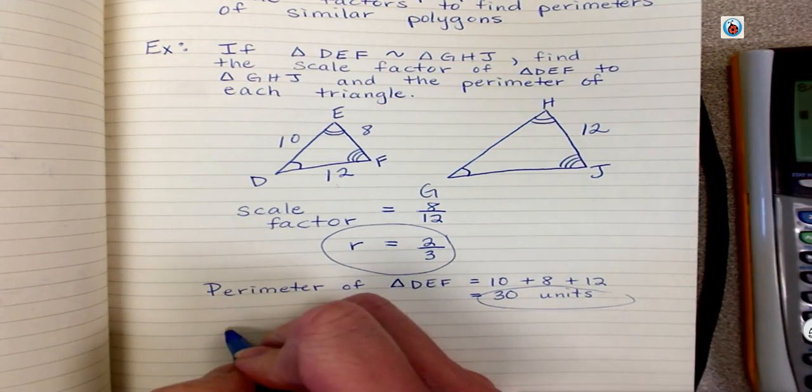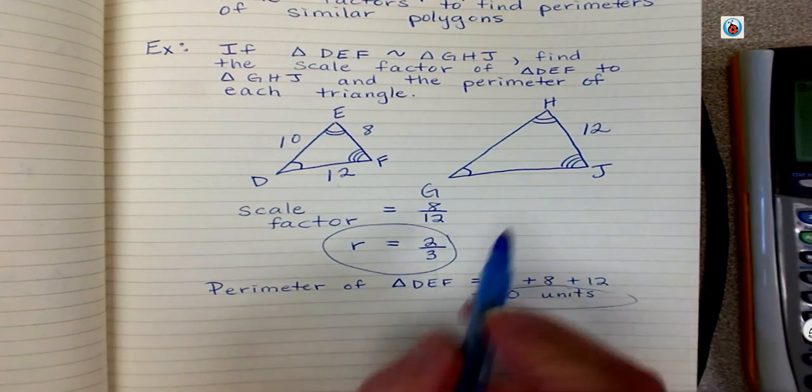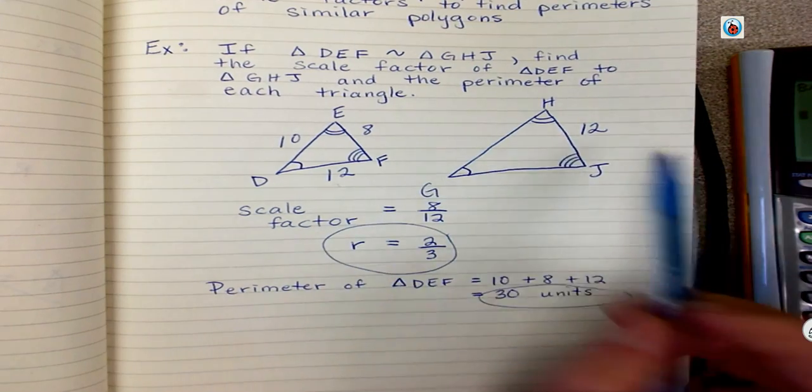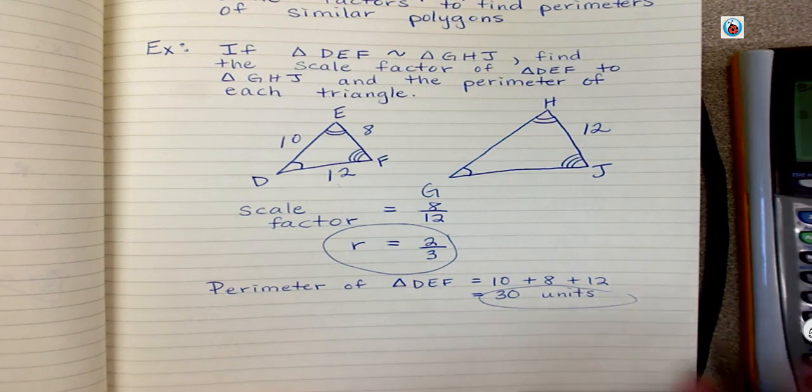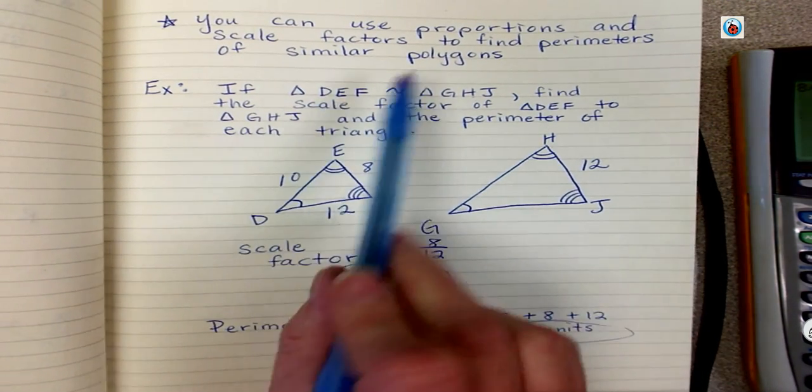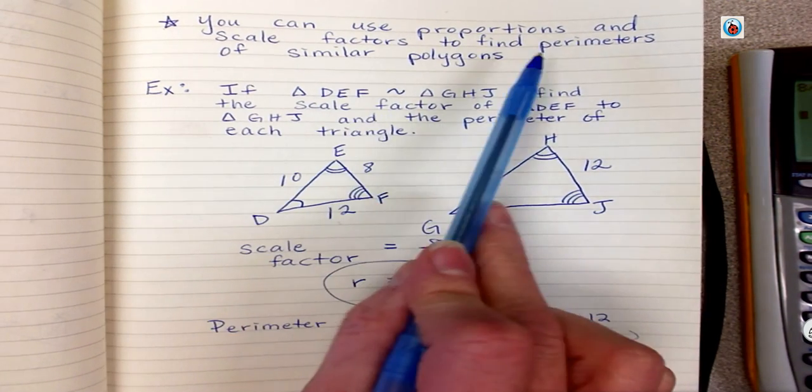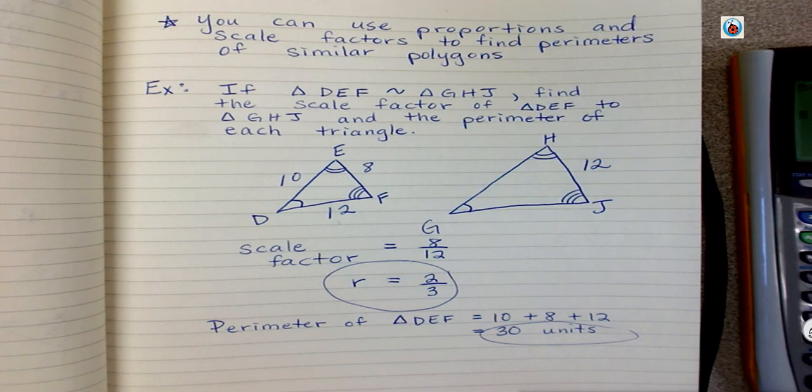Then I also want to know the perimeter of this triangle. But I only know one side. I can't add up the other two. But you can use proportions and scale factors to find perimeters of similar polygons as well.